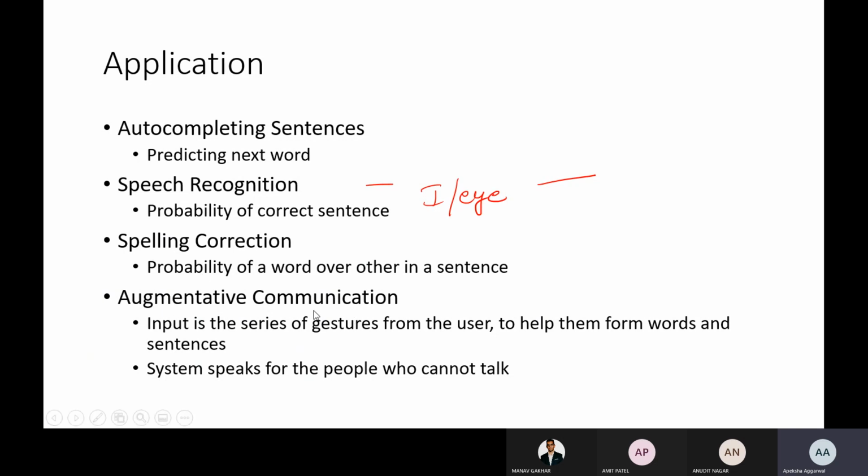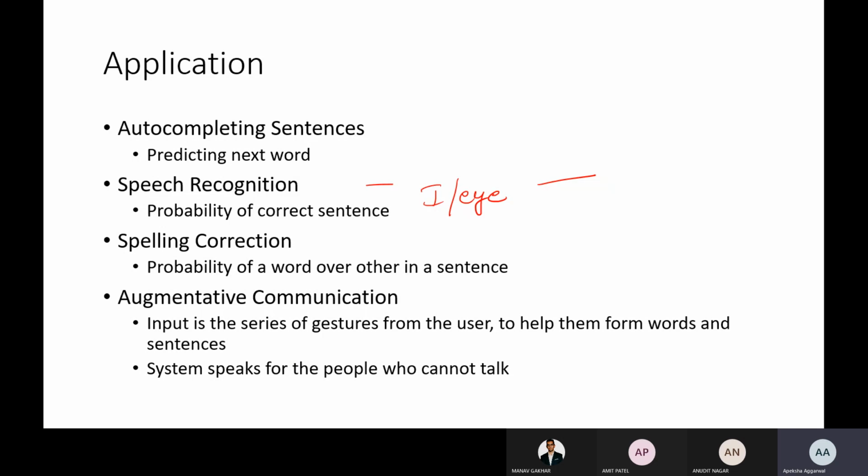Again, augmented communication, this is very popular. While someone is doing some gestures, a system is recognizing human gestures, and it is creating a list of dictionaries. Based on those gestures, it will tell you a set of words that you want to speak.